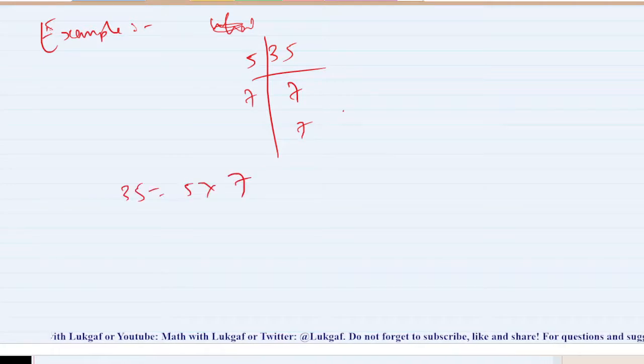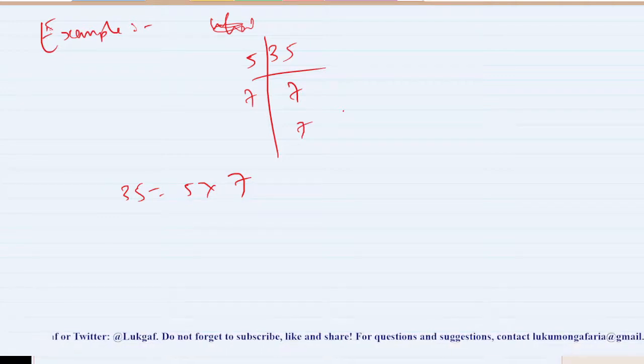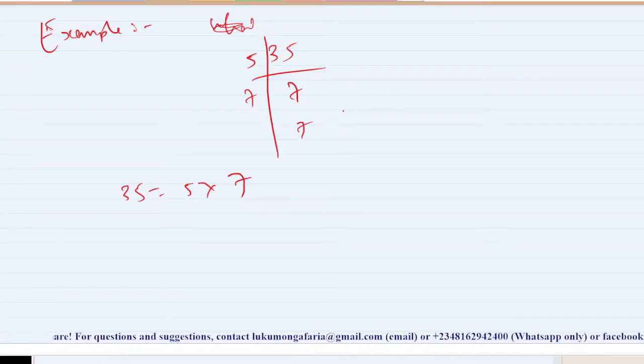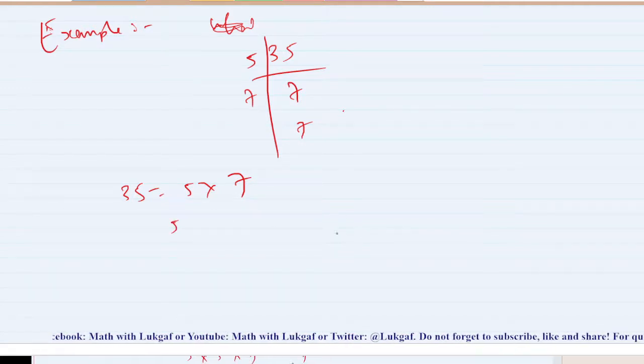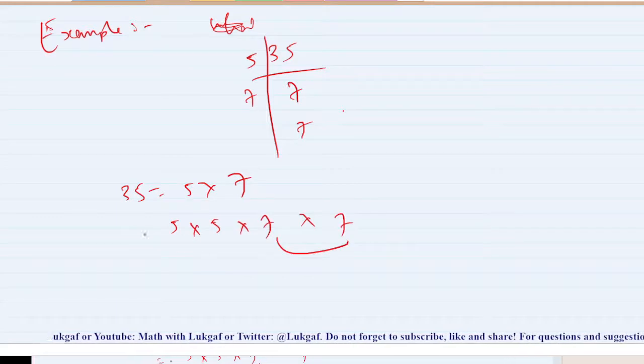But you will see that these numbers have no pair, and before you can say they are a perfect square, before you can find their square root, you should be able to have them paired in such a way that their powers will be in the form of even numbers. So it means for this number to be a perfect square, I must have another 5 here, and I must still have another 7 here, such that we compare them like this.